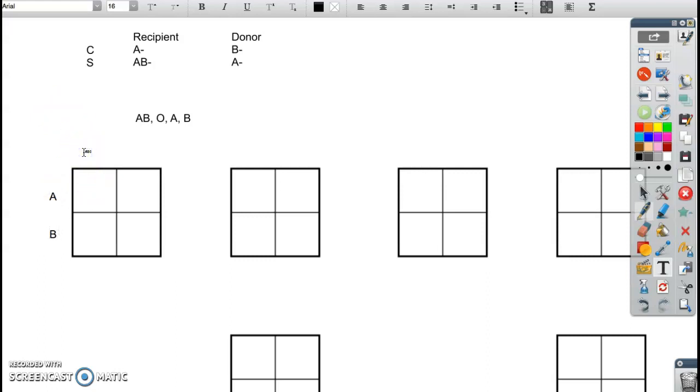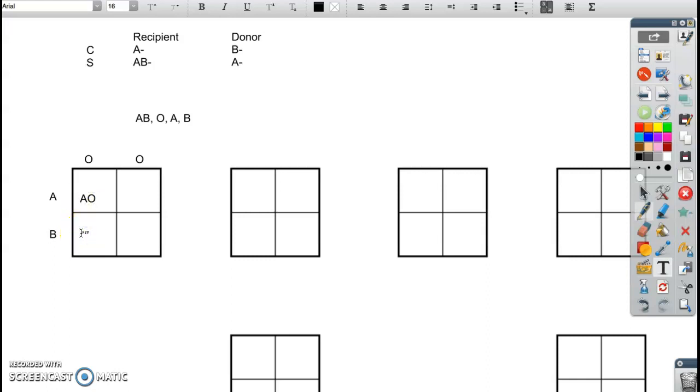Now for the type O parent, we know one letter would have to be O, and in order for it to be type O, or recessive on both, it would have to also be an O for that one as well. And for some reason my O doesn't want to type. There we go.